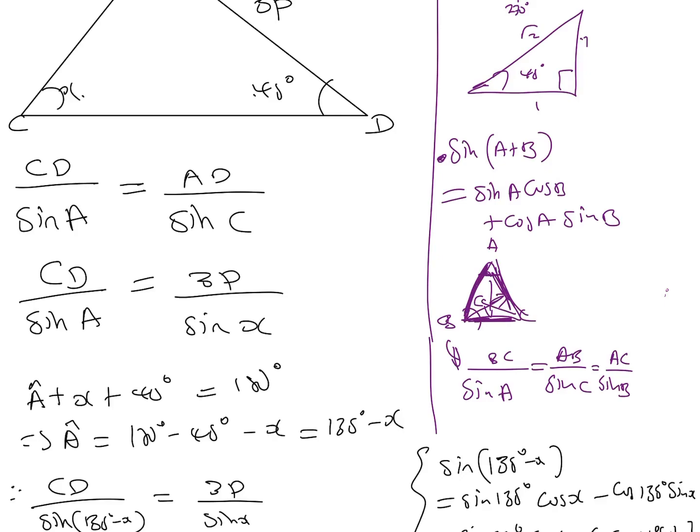And this is what we know. Then you're going to use this right angle triangle. We know that sine is opposite over hypotenuse, and cos is adjacent over hypotenuse. So sine 45 is opposite over hypotenuse, and the opposite side of 45 is 1.